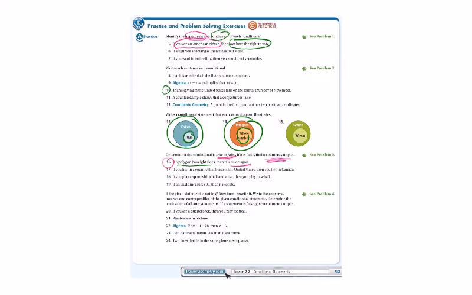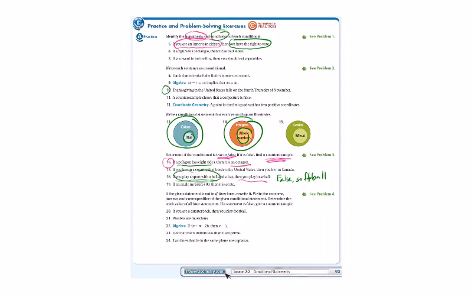Whereas number 18, if you play a sport with a ball and a bat, then you play baseball. There we can find a counterexample, because there is at least one sport with a ball and a bat that's not baseball. That would be softball. So this would be false, and the counterexample would be softball.